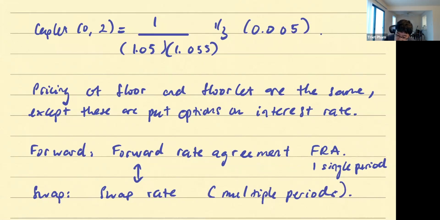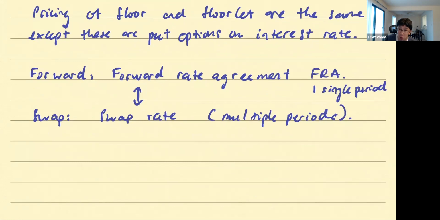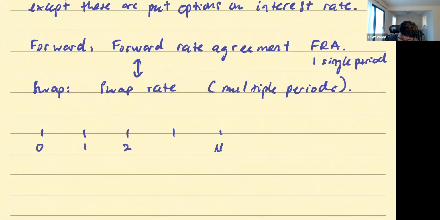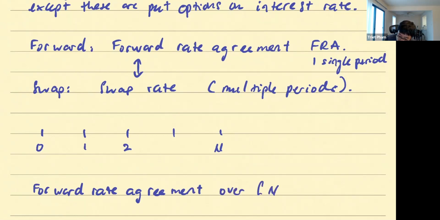Okay. So what's the story there? The story is actually the same thing, but here you just swap the rates. It's typical in this situation to refer to one of them, so let's look at the investment period, 0, 1, 2, let's say, and then up to n. So let's look at if you have the forward rate agreement, let's say over the period n minus 1 to n.